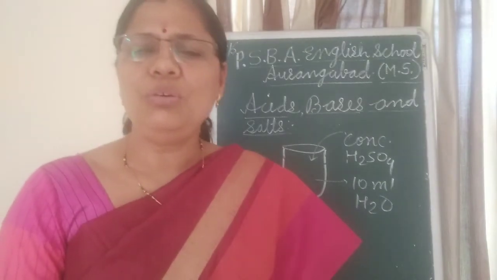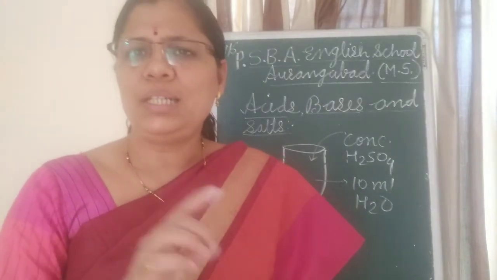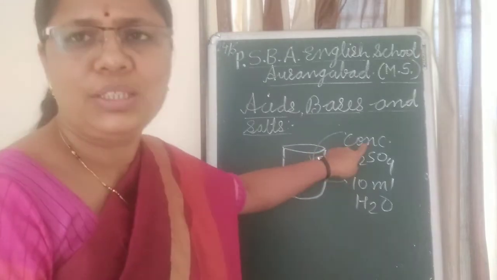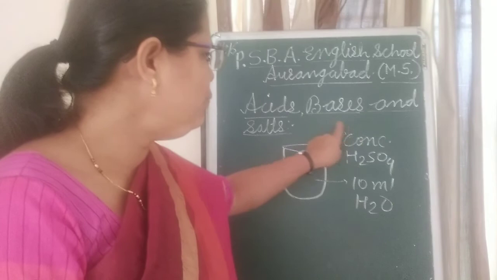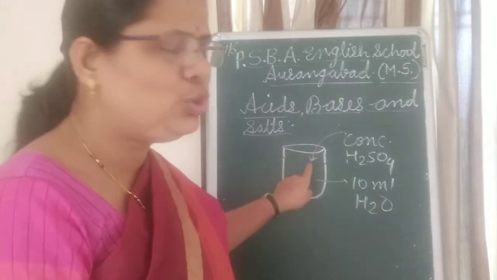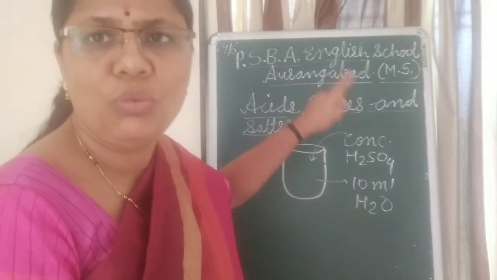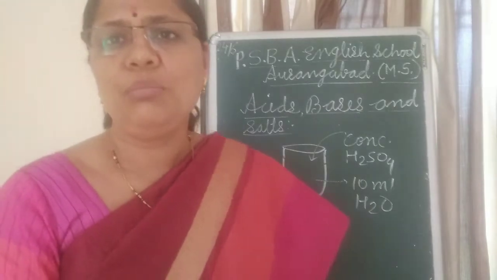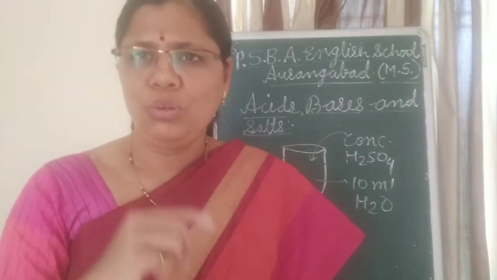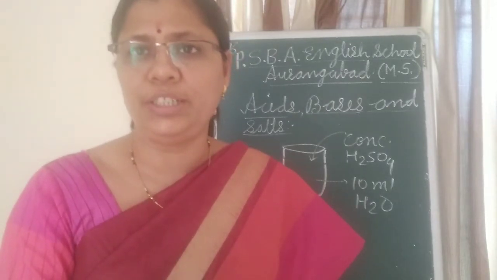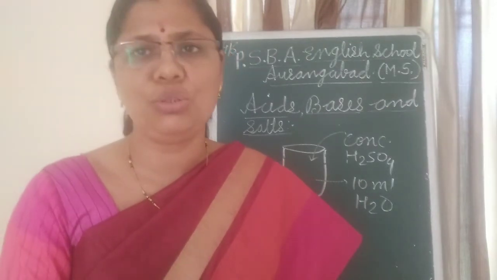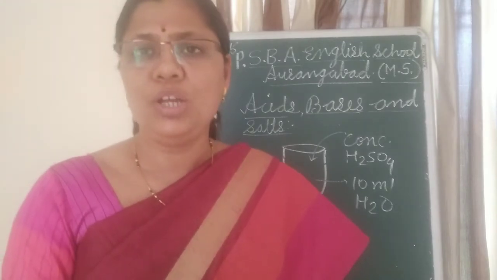Okay. So now, instead of acid, if you take the base, the same rule is there. So why is it suggested that acid should be added to the water, and not the water to the acid? Because if we add vice versa, that is, if we add water to concentrated acid, maybe sulfuric acid, maybe concentrated nitric acid HNO3, what will happen?